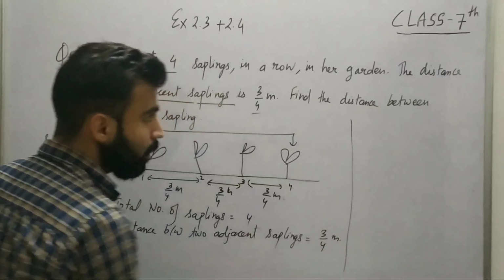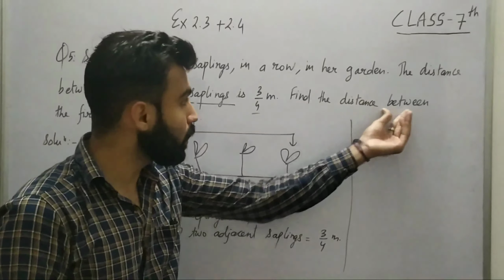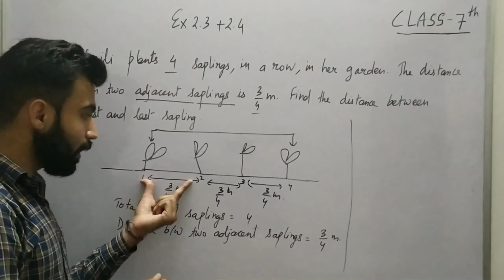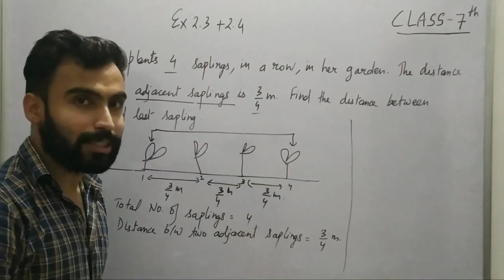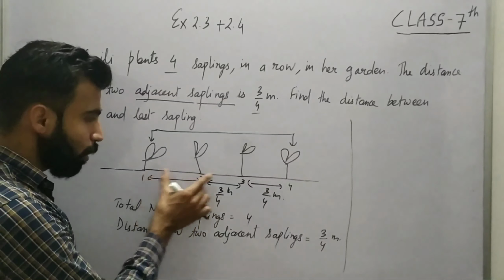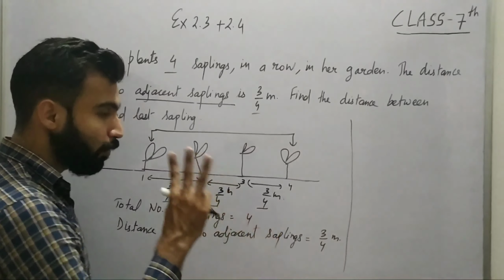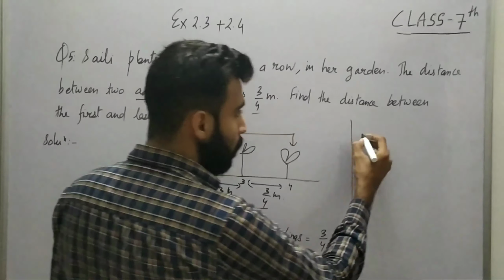So let me just draw a line here. Now you can see find the distance between first and the last sapling. So you will see the distance between two adjacent saplings is equal. That means 3/4, 3/4, 3/4. Now you will see that 3/4 is coming 3 times. So there are a simple method.